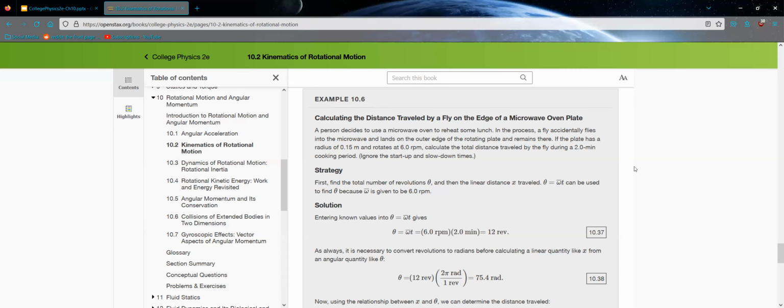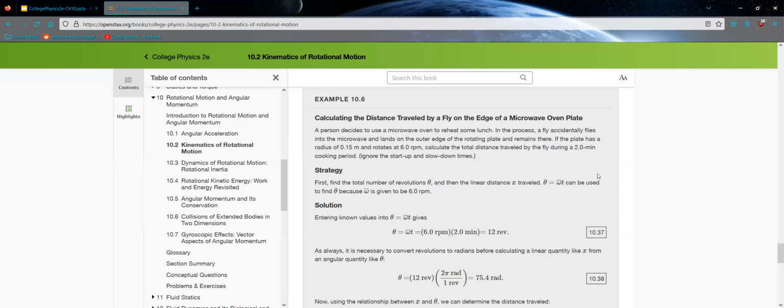We need to care about the rotation involved there, and therefore our variables are going to be the rotational variables, right? You can figure out your revolutions, or your theta, as you go around the circle, and then use an equation to relate linear distance to that rotational distance.